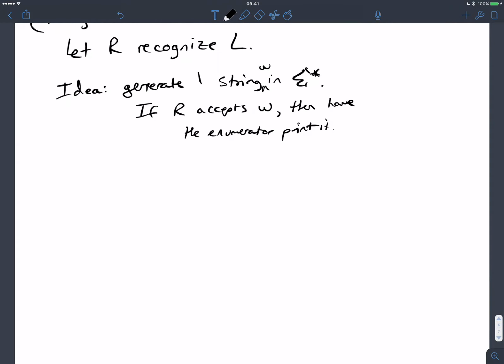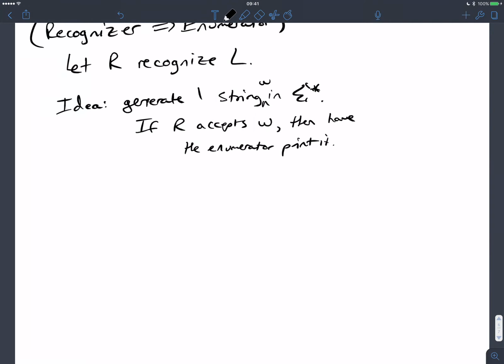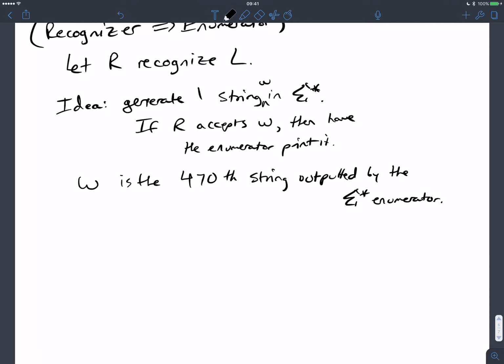So let's see. If we want to print some number of strings out, let's say that the string W is the 470th string outputted by the sigma star enumerator. However the sigma star enumerator works, let's say it's the 470th string that's printed on the tape.